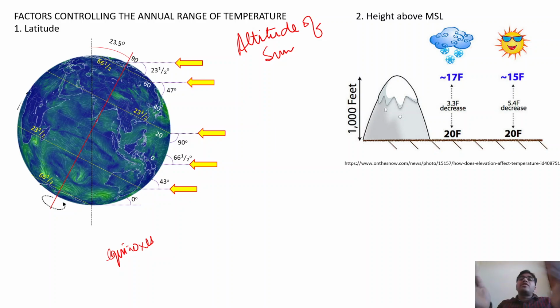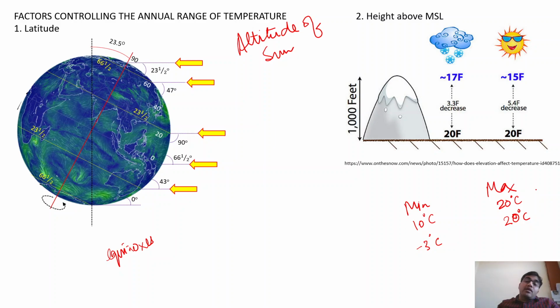So when will the variation be high and when will it be low? Let us say, for example, for a location the minimum temperature is 10 degrees Celsius and the maximum temperature is 20 degrees Celsius. And for another place the minimum temperature is minus 3 degrees Celsius and the maximum temperature is 20 degrees Celsius.